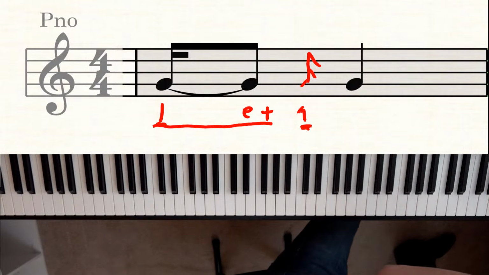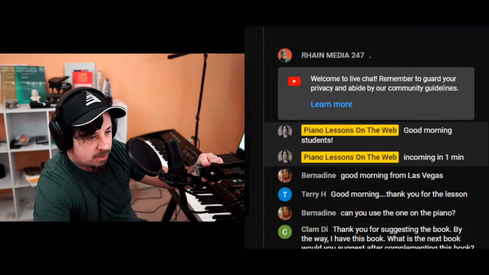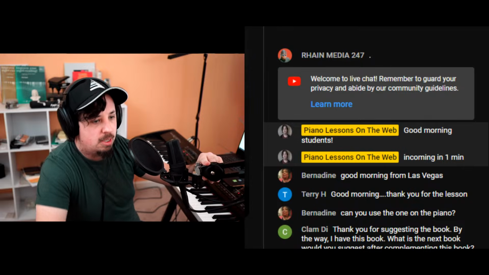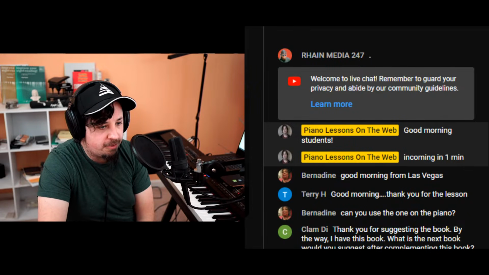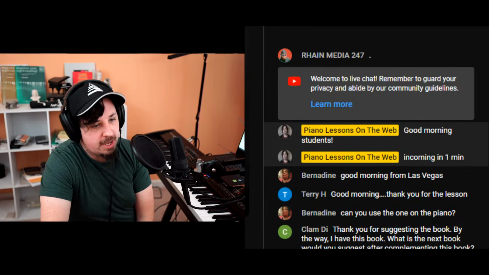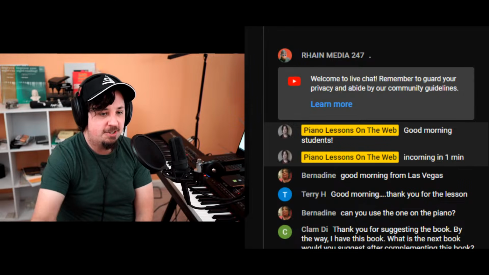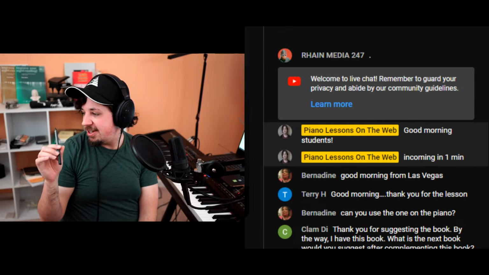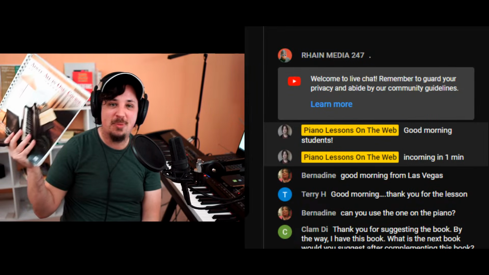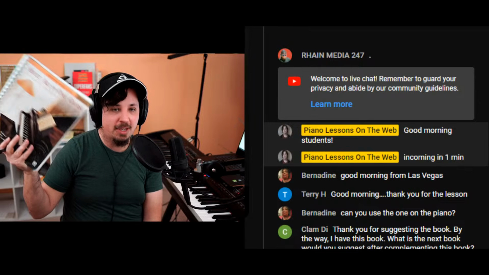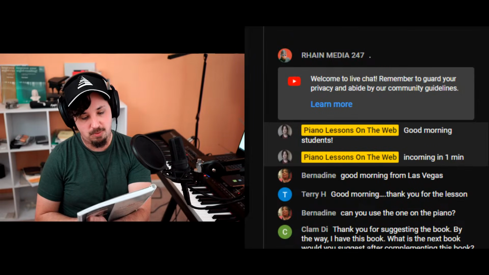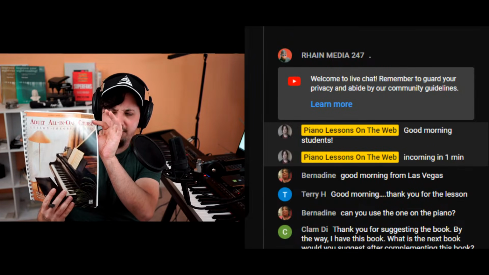All right, let's see. Singing in the rain. Okay, thank you for suggesting the book. By the way, I have this book. What is the next book you would suggest after completing this book? There's another book in the series. There's a book 2 and a book 3 of this, and I would get those books. See, this says level 1 on the side, and I think there's levels 2 and 3.